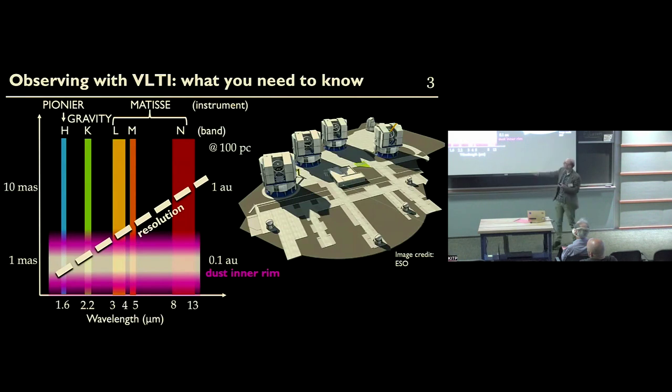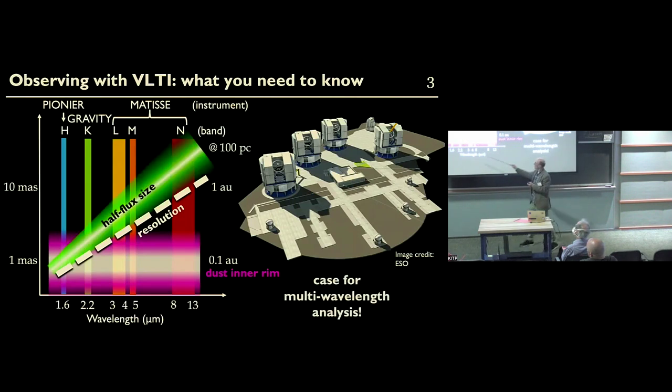So why is this all good? If we measure the disk sizes, we will see that at longer wavelengths, the disk size increases. It's mainly because of the temperature structure of the disk. At longer wavelengths, we get more flux from the colder outer part of the disk.